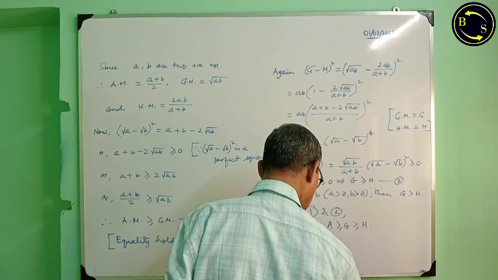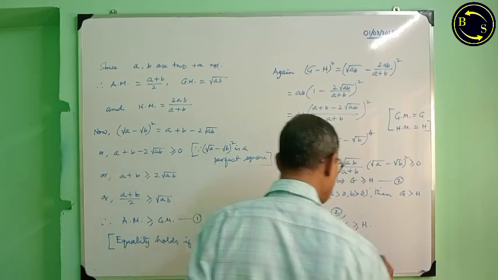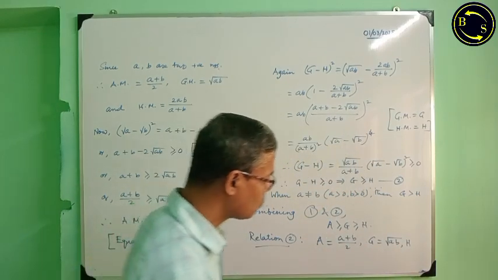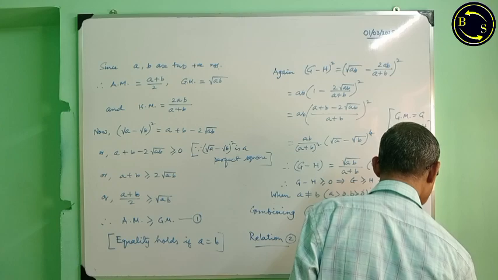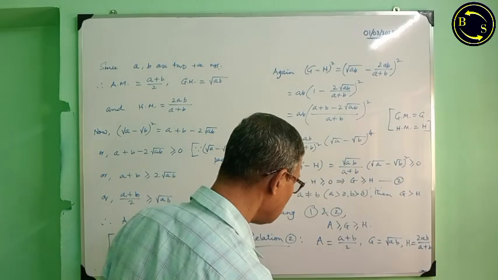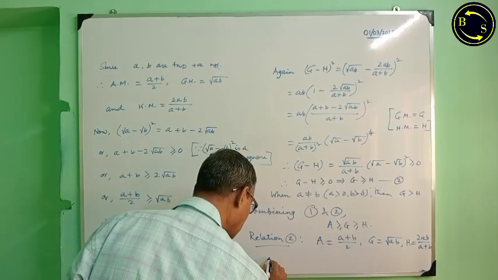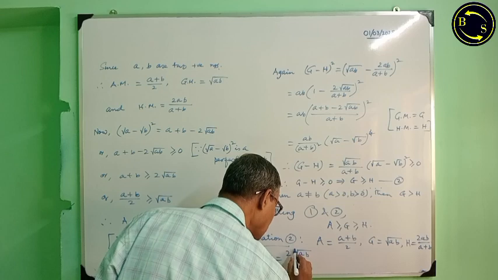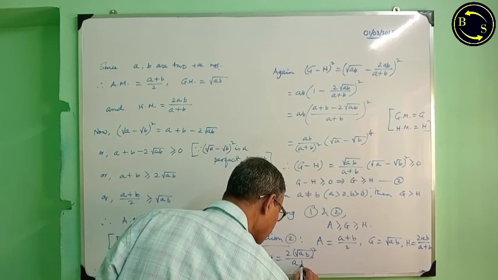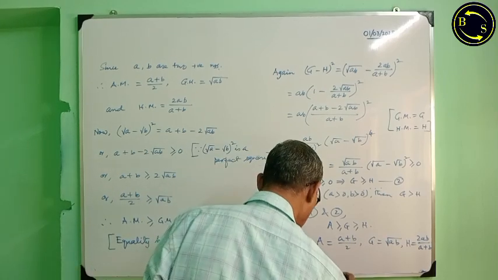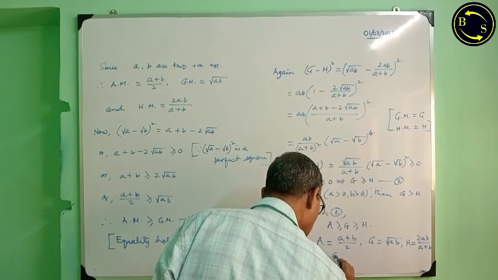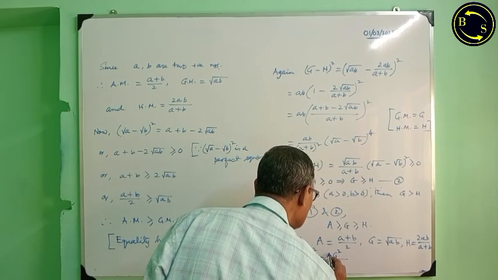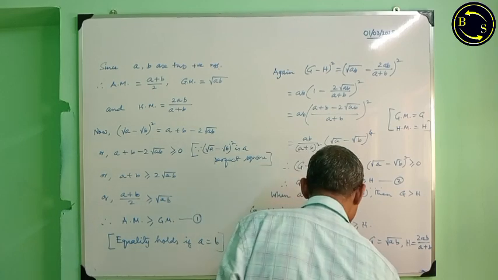What we have got? Arithmetic mean A is equal to A plus B by 2, geometric mean is root over AB, and harmonic mean is equal to 2AB by A plus B. Therefore, if we start from this, H is equal to 2 times root AB whole square, over A plus B. Now A plus B, from this we get 2AB, and this is root over AB, therefore this is G square, over A plus B equals 2A, then the 2s will be cancelled.